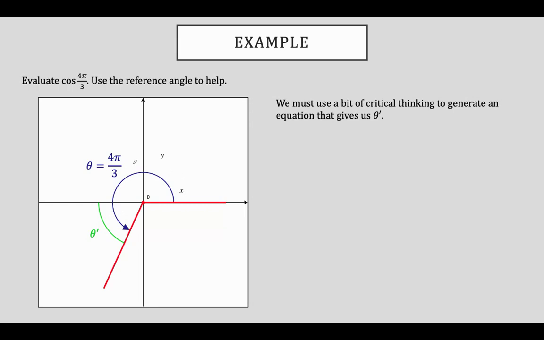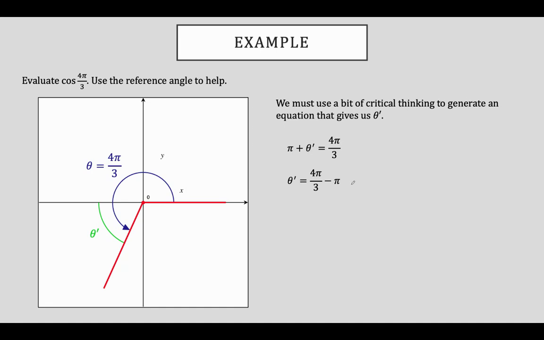And if we were to take this angle, which would be pi, and add theta prime, we would get 4 pi over 3. In other words, pi plus theta prime has to equal 4 pi over 3. And if we want to solve for theta prime algebraically, we would subtract pi from both sides of the equation.